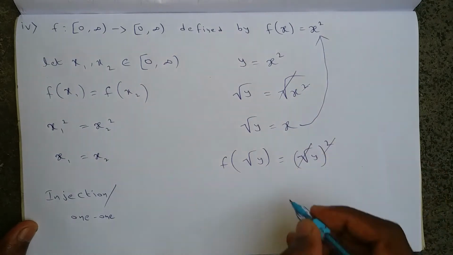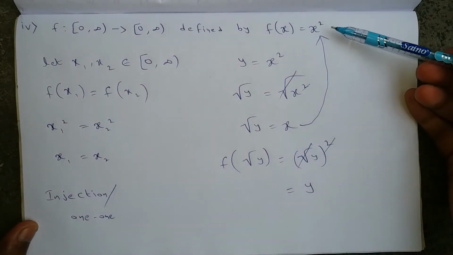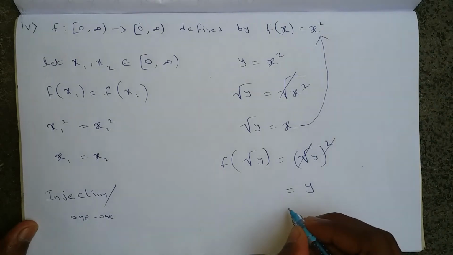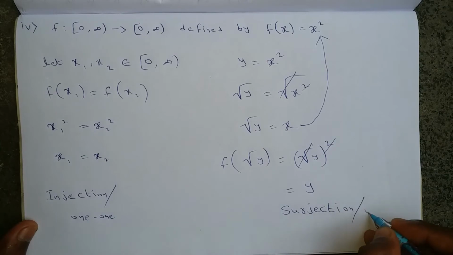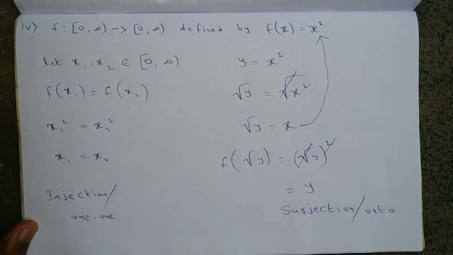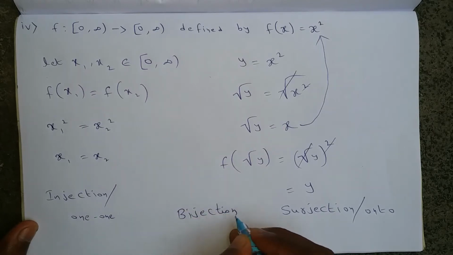Here square and square root cancel, so we remain with y. Yes, with the x value when we substituted it in the function, we got y. So we can say this is surjection or onto function. It is injection as well as surjection, so we can say this is a bijection.